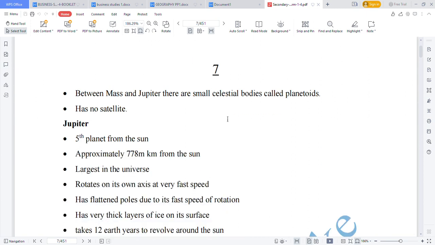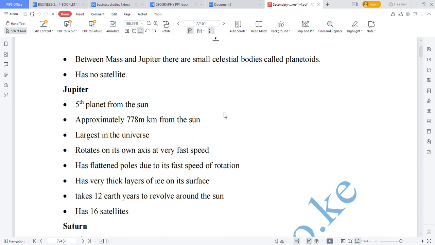Between Mars and Jupiter, there are small celestial bodies called planetoids. So celestial bodies between Mars and Jupiter are called what? Planetoids. Then it has no satellites.